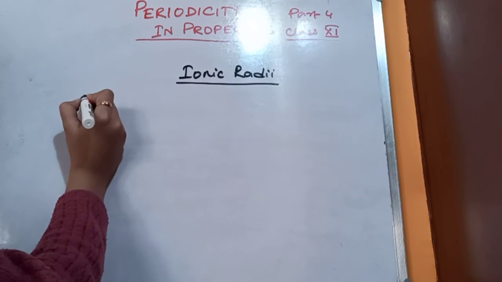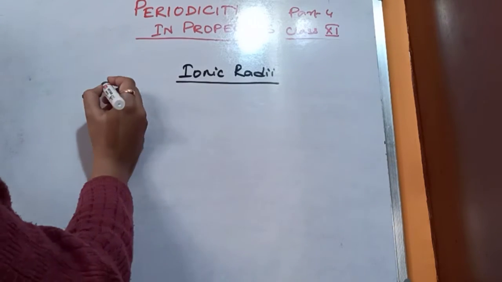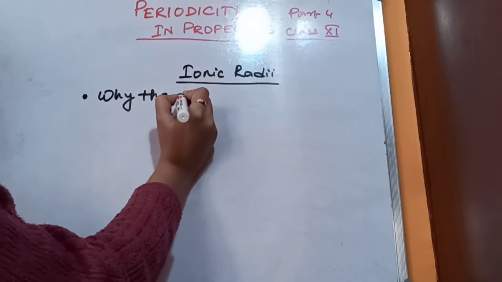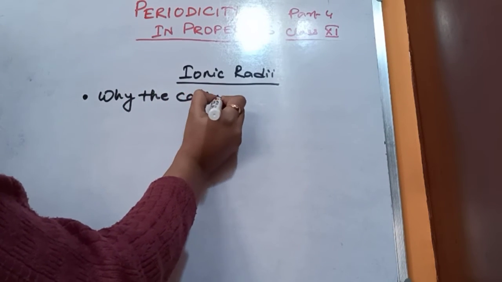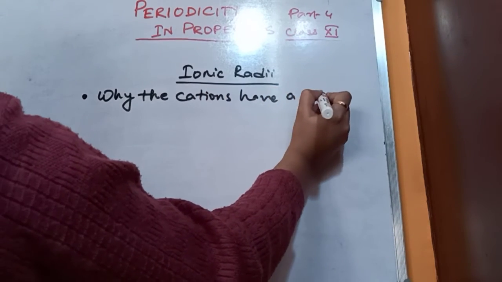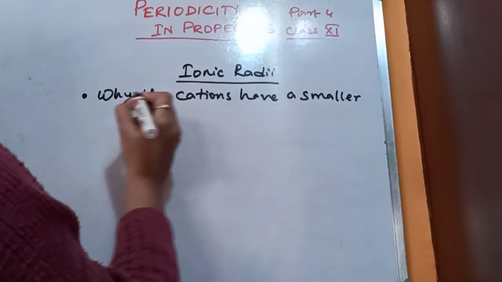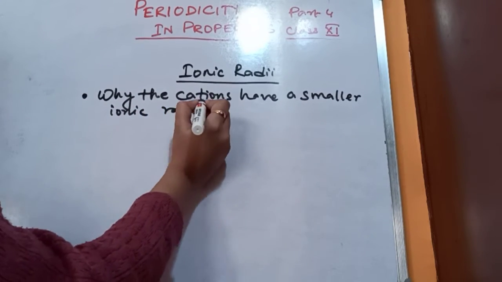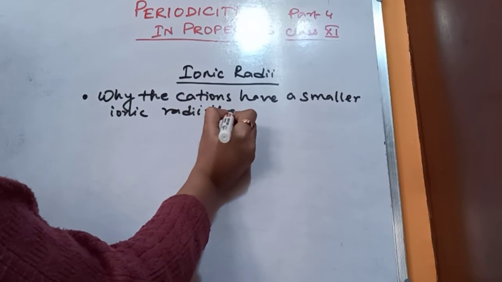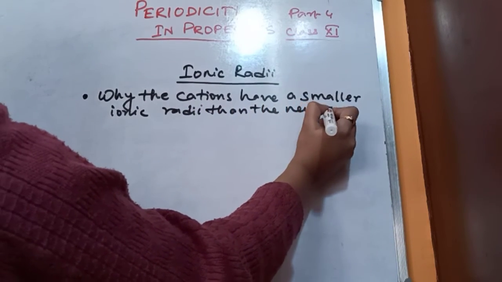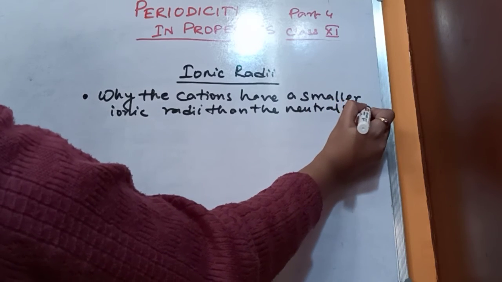Why do cations have a smaller ionic radii than the neutral atom?